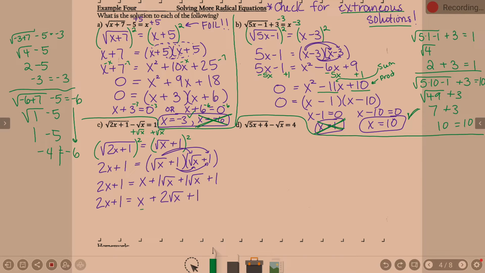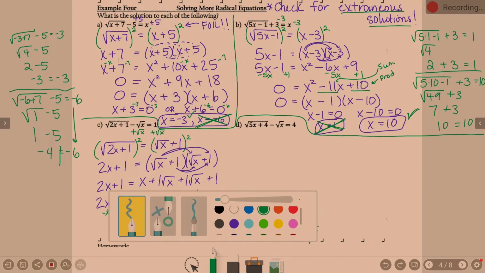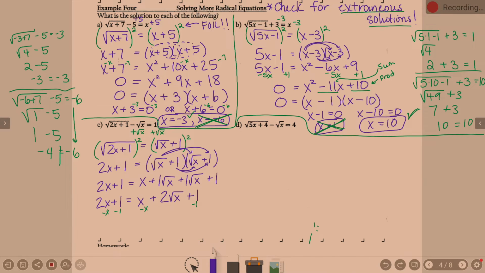So a positive x, I'm going to subtract x over. A positive 1, I'm going to subtract 1 over. On the left, 2x minus x is x. 1 minus 1 is 0. On the right, x's and 1's are gone, and I have 2 square root of x.